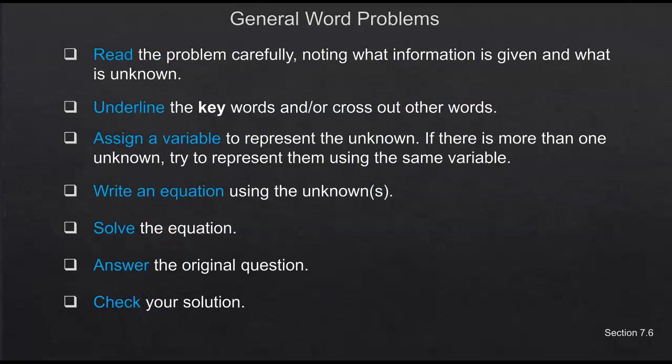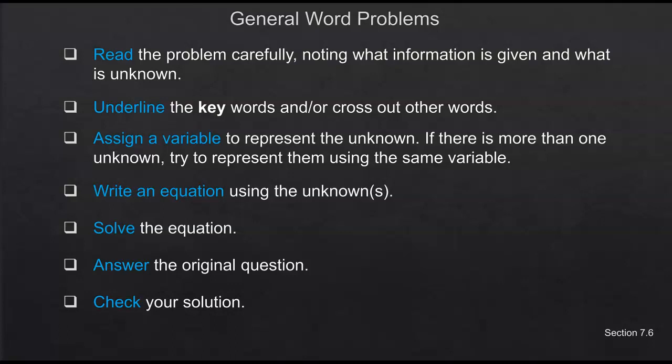So this is all leading to translating into equations from a word problem where it's not so straightforward as the ones we've been looking at. Here is some information about how to do this. We're going to read the problem carefully, noting what information is given and what is unknown. Underline the keywords or cross out other words, and maybe some highlighting even. Assign a variable to represent the unknown.